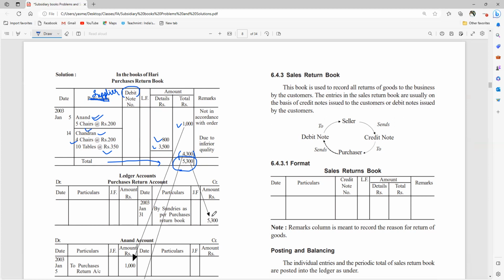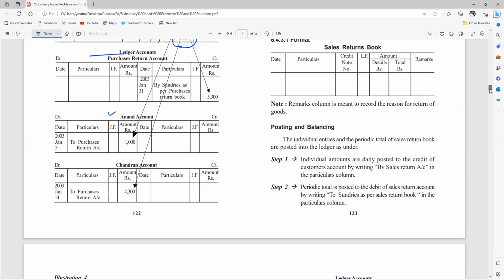Like the sales account goes to the credit side, the purchase return account also will be credited. The purchase return book total is credited in the purchase return account. These ledger accounts, purchase return account, Anand account or Chandran account, whatever we are preparing here, are ledger accounts, but this is a journal book. That is, the purchase return book is a subdivision of the journal book.